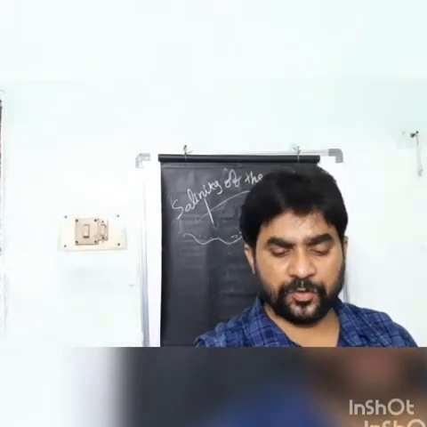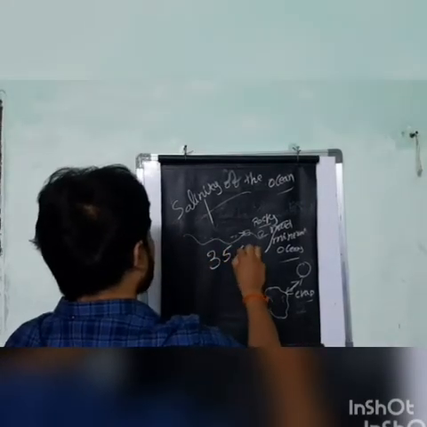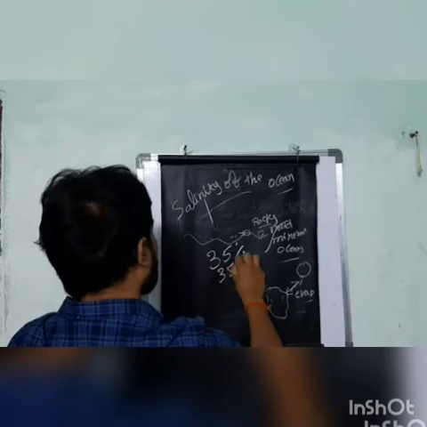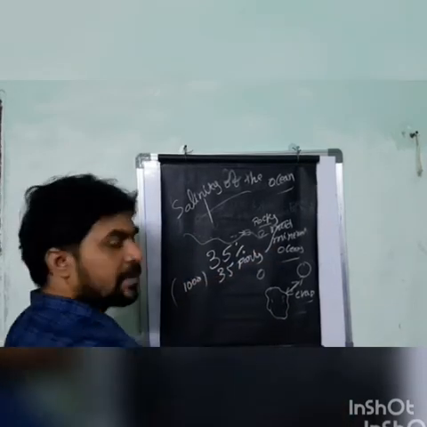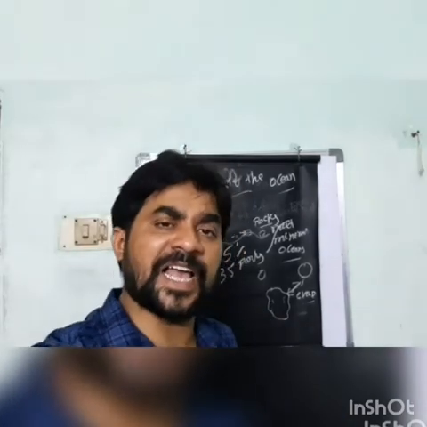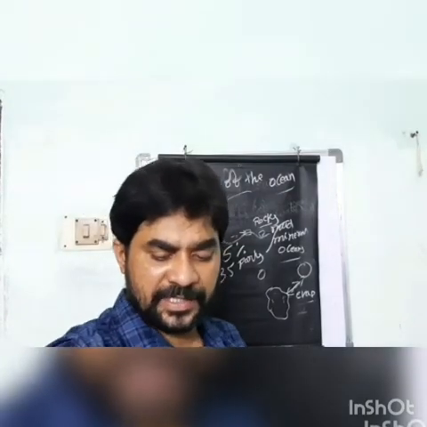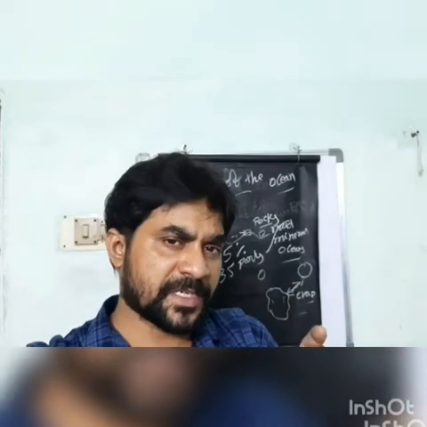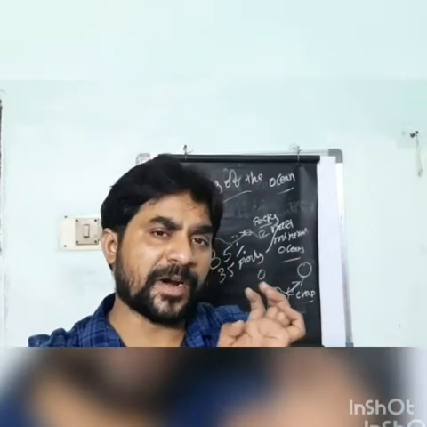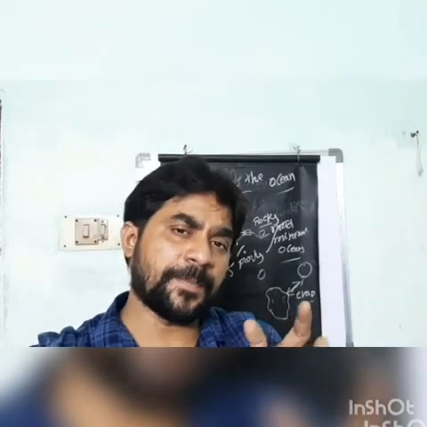See how to find out the salinity terms. If the water has 35 parts out of 1000 parts, that water is called average salinity. That means out of 1000 parts, 35 parts are salt.